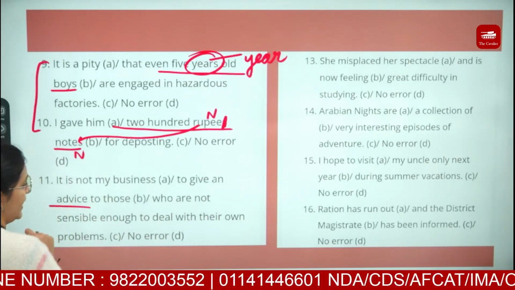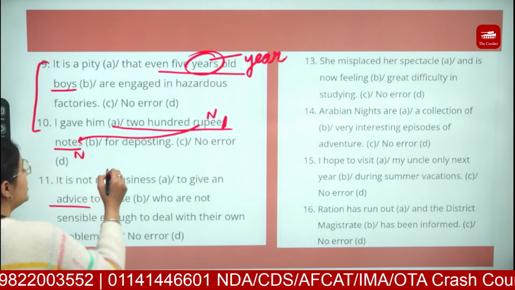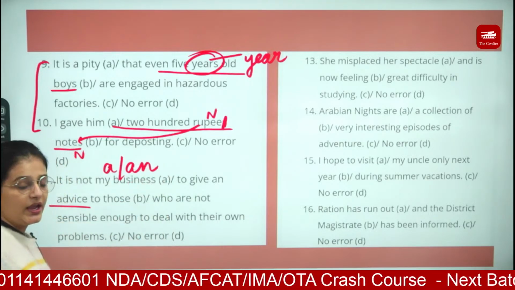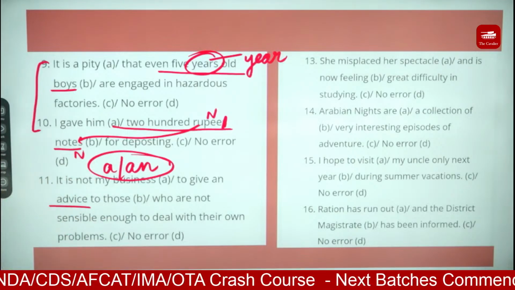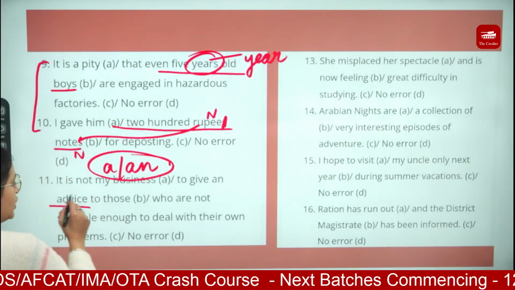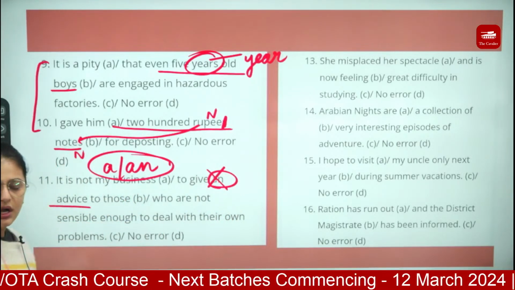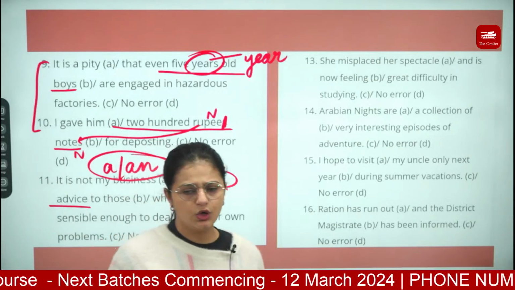So just as I told, with uncountable noun, never use article a or an. हम कभी भी use नहीं करेंगे uncountable के साथ. So it's not my business. Give an advice. A piece of advice हो सकता था, लेकिन an advice not possible.